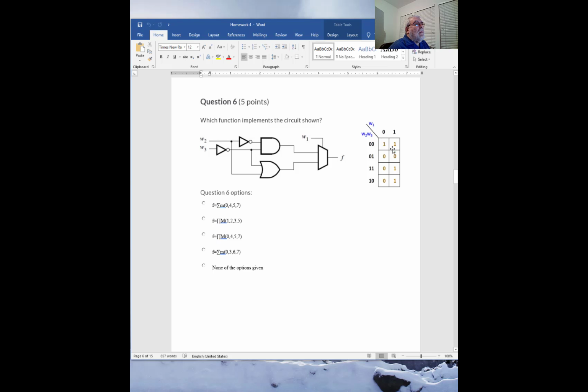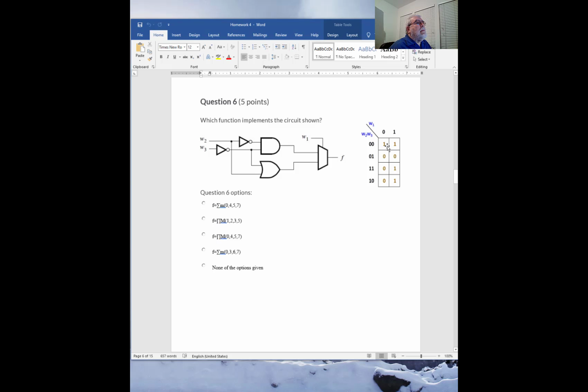So we can then complete this side here. And looking into that, we have minterm 0, minterm 5.